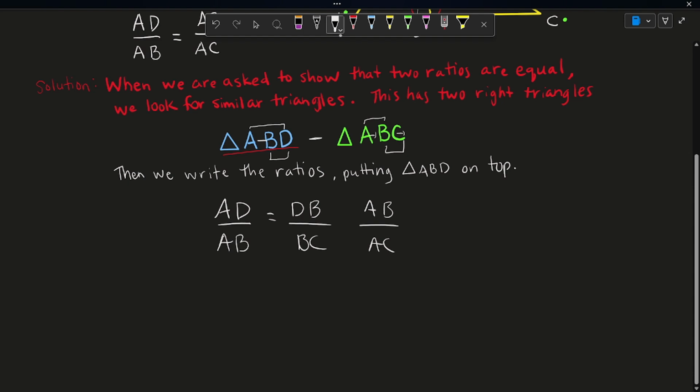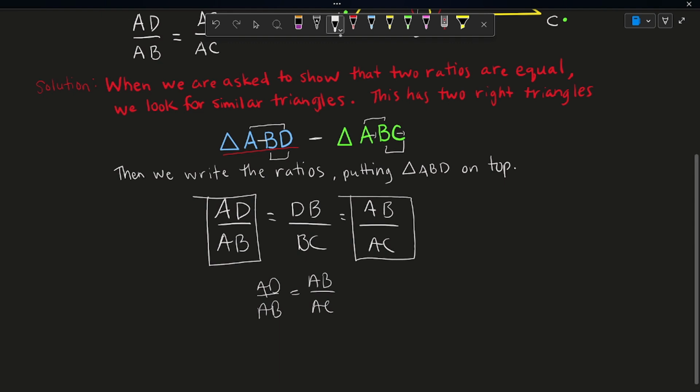Alright, these are all equal, right? And which one do they want us to do? AD over AB. So they want us to do these outside terms here. Proven. AD over AB is equal to AB over AC. And that's the solution right there. They asked you to do something very simple.